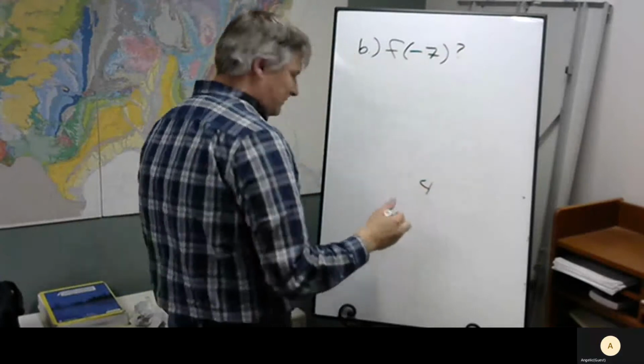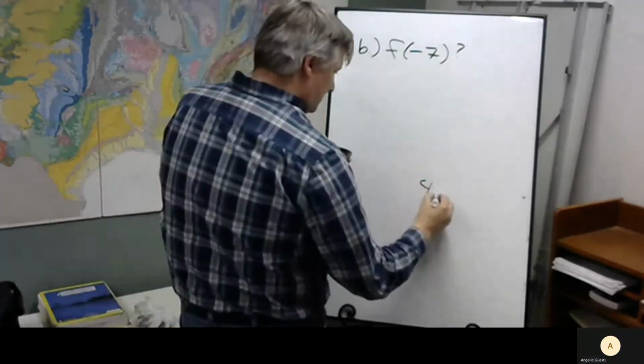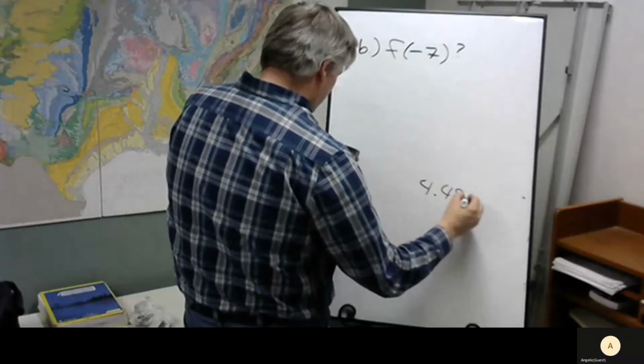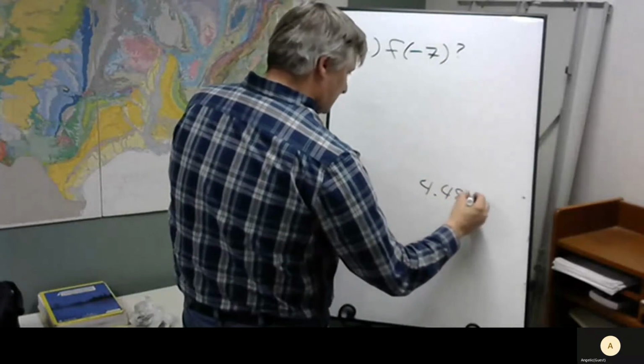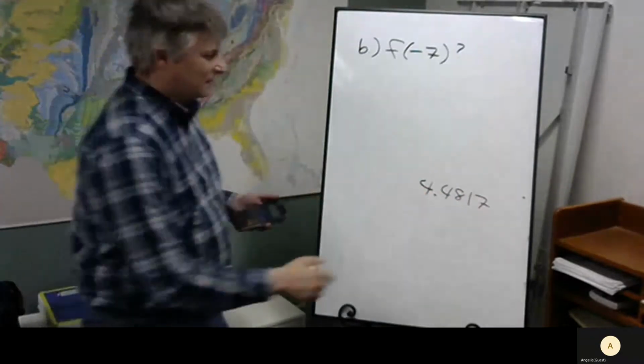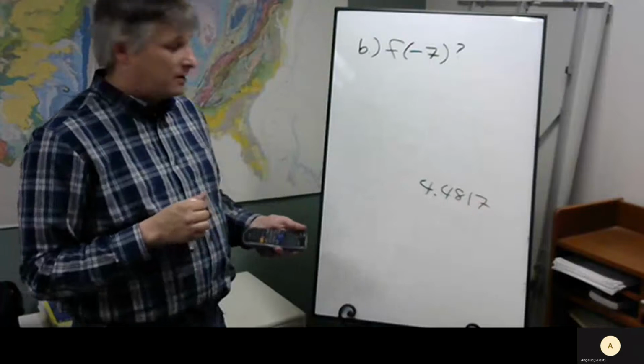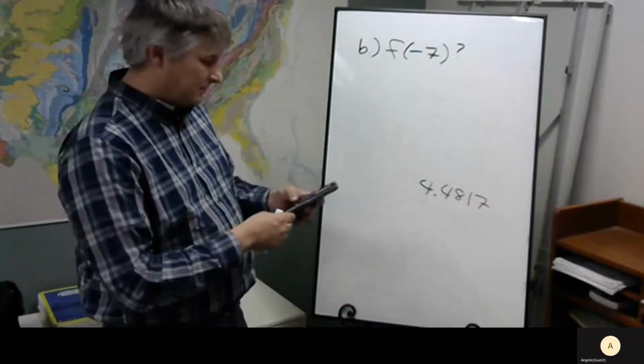It was 1.7. Let me bring up my answer again. It's 4.4817, or 4 and 4,817 10,000ths.